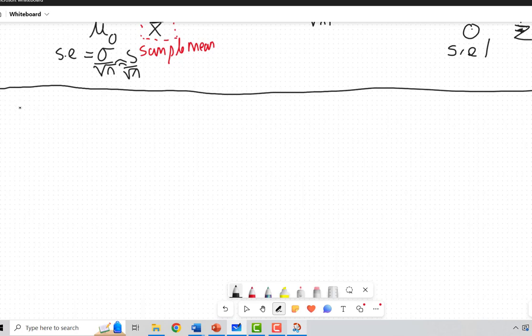So we have a one-tailed test where the null hypothesis is, somehow my computer doesn't like statistics. It's just slowing down.